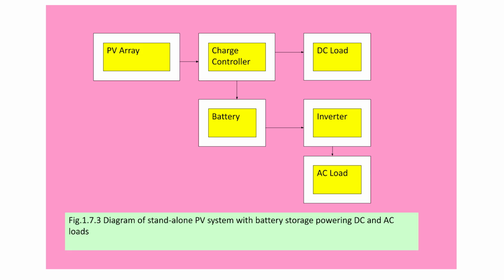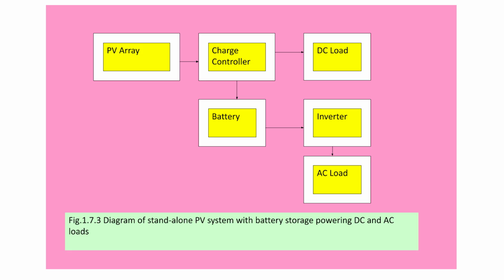Whatever power is generated from the PV array is transferred to the charge controller, and from the charge controller the power is transferred to the DC load, and at the same time you can store the power in the battery. That means whatever electrical power you are storing is DC, because a battery can store DC power only.